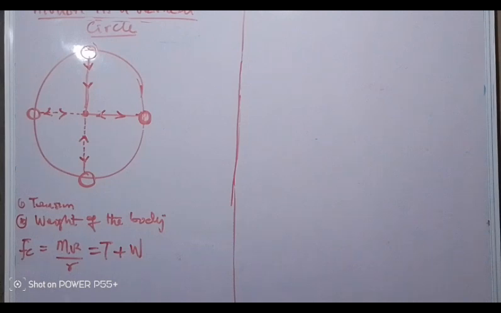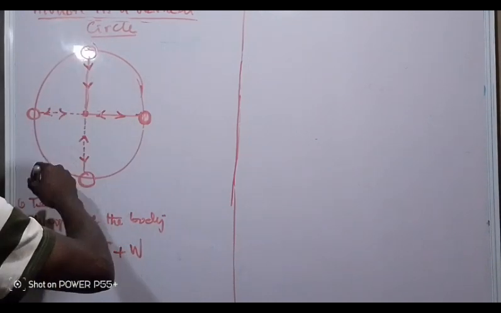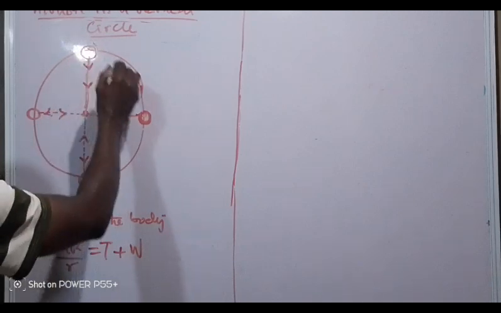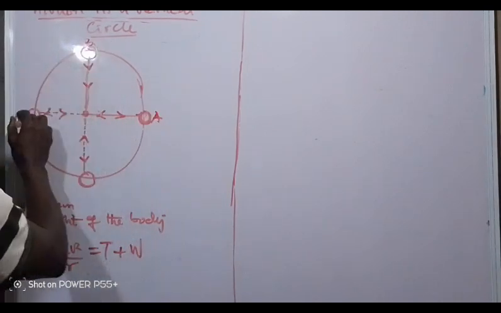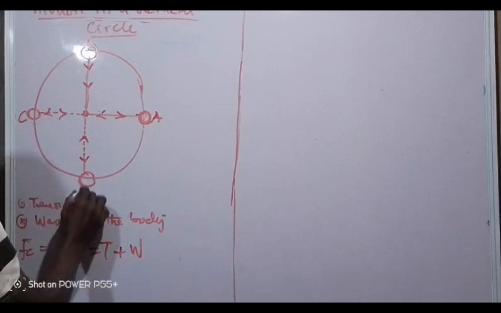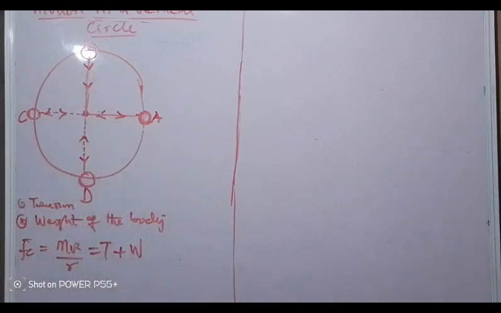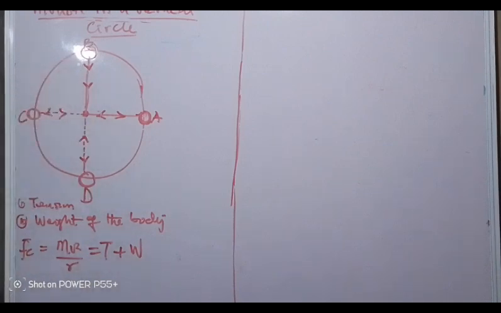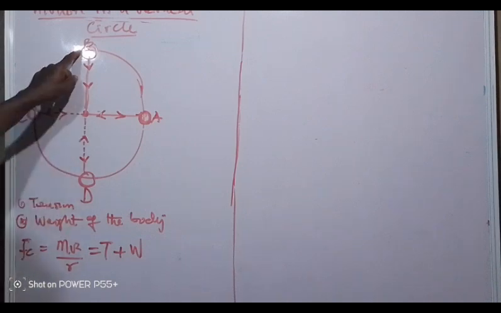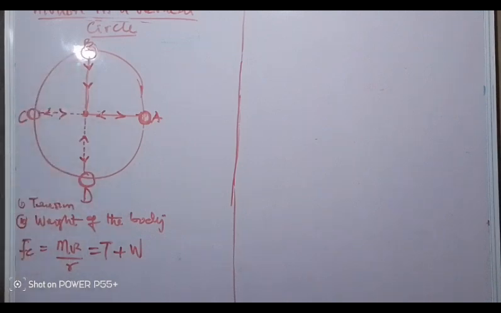That will be total centripetal force. But if you now label it, let's label this point as A, B, C, and D. If you want to calculate the tension at point B now, then we are going to have the centripetal force.